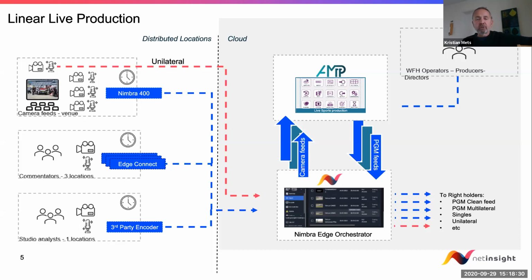Or if any third-party encoder or equipment will support 6E, SRT, or RIST retransmission protocols, these can also ingest into the Nimbra Edge orchestrator. So Christian, what you're saying is that this is completely agnostic regarding the platform. We can connect anything, right?